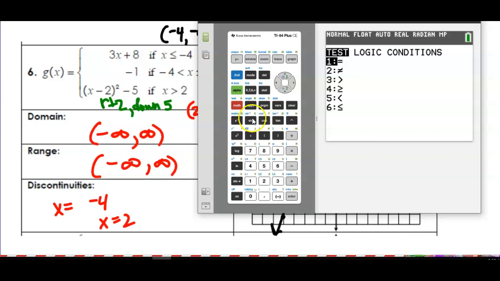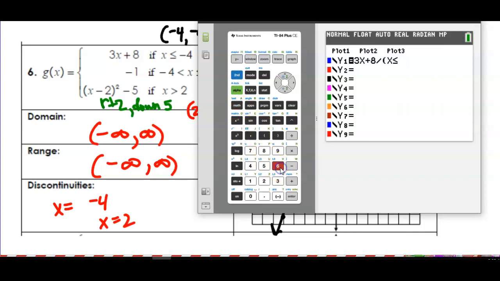And we needed a less than or equal to, which is choice 6, and a -4. And then I'm going to scroll down, and it's just -1.